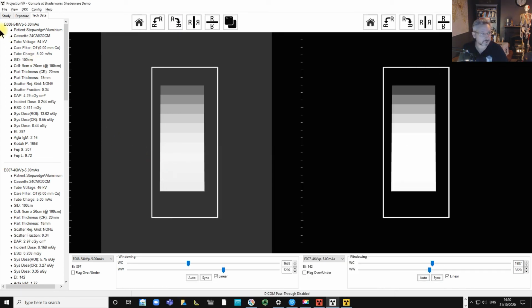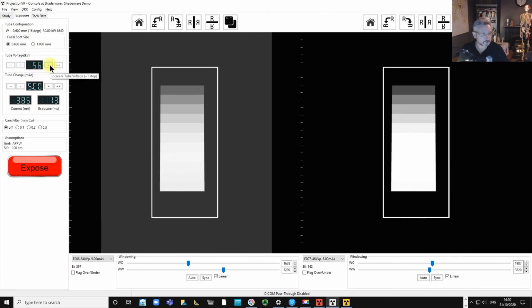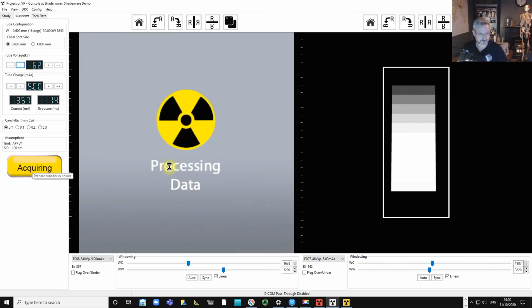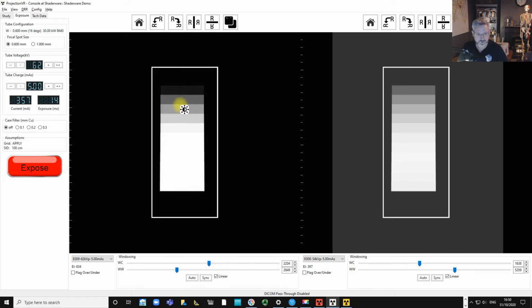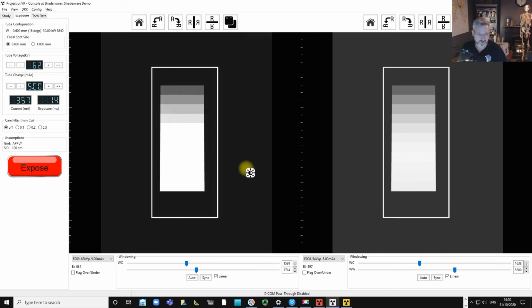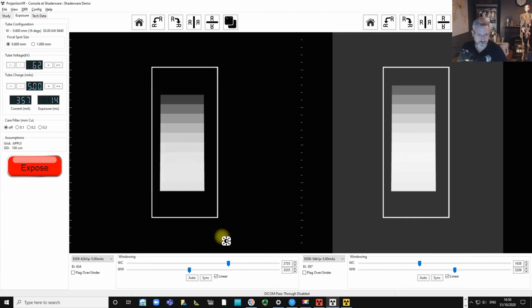62 next. Okay. Difficult with windowing, isn't it? Maybe my imagination, but I think I can see more steps now than I could at 54.